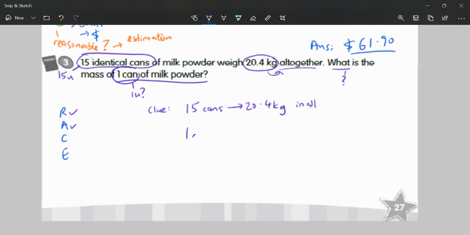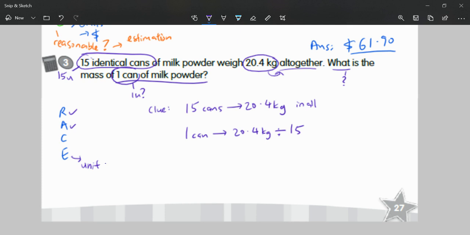Looking for 1 can, so I'm using division. 20.4 kilograms divided by 15. At this point, the units referred to in the question, talking about mass and asking for kilograms. There's no final part that asks you to show your answer in grams or kilograms, so that does not matter.